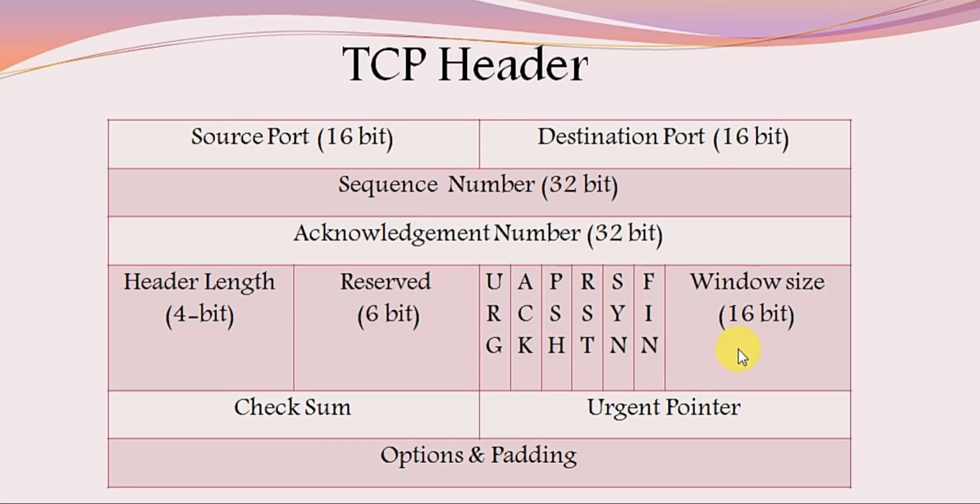Now let us see the next one, that is the window size. The size of the window field is 16 bits, which means the range is 0 to 65535. It is used to tell the window size to both sender and receiver. For example, when X wants to send data to Y, it has to indicate its window size to the receiver.